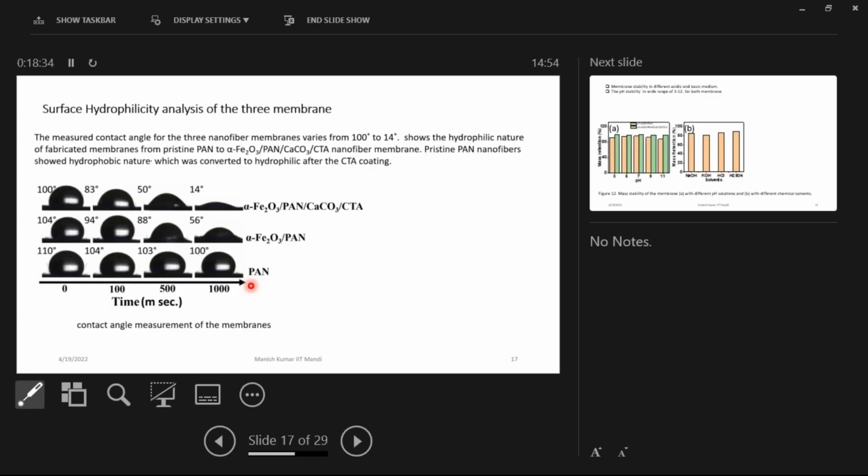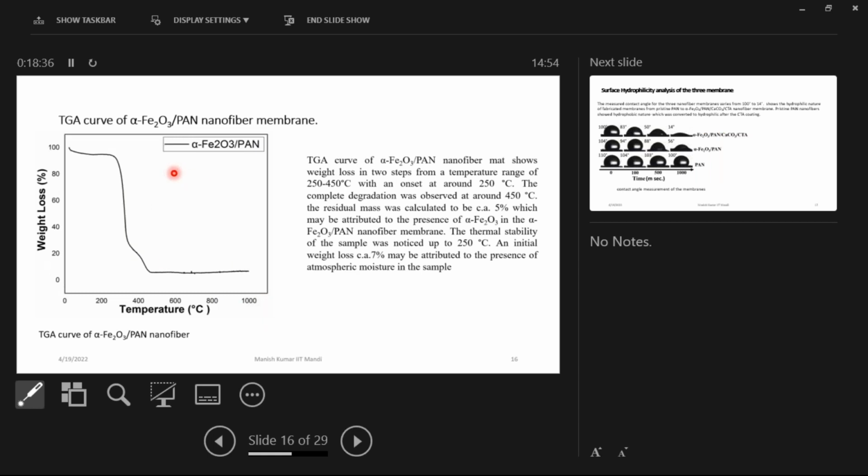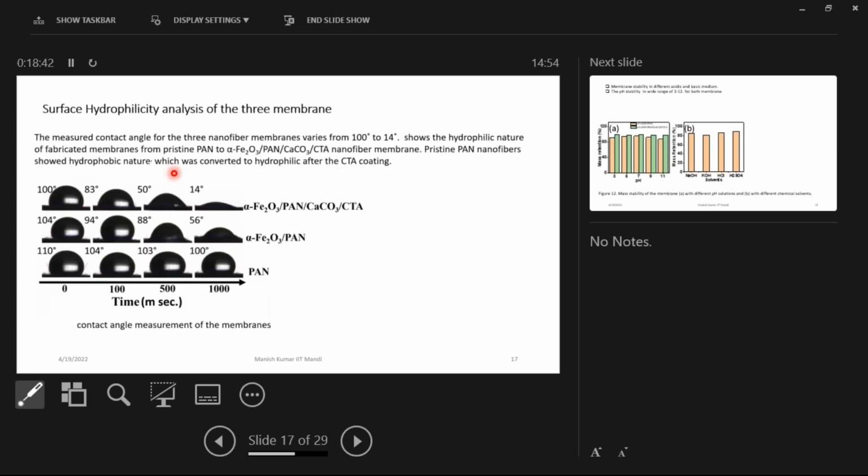So we can use it up to 250 degrees centigrade, and this suits our range for a water purification system.